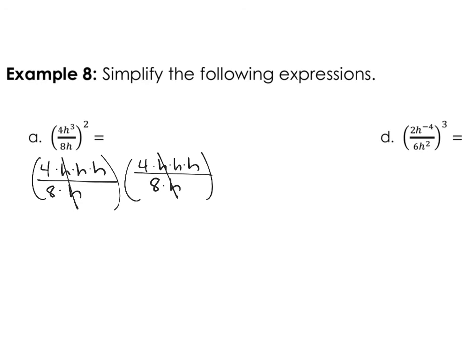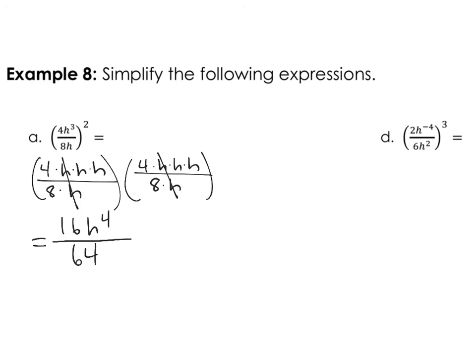Okay, so I have also a 4 times 4 on top, which is 16. And on top, I also have 1, 2, 3, 4 h's left over. And on bottom, I have 8 times 8, which is 64.